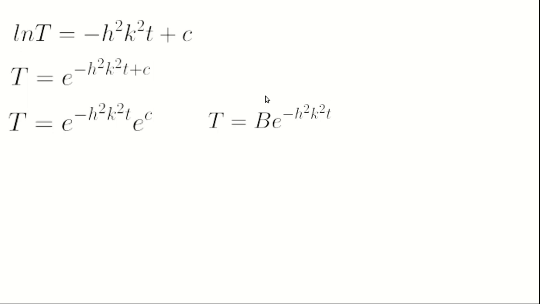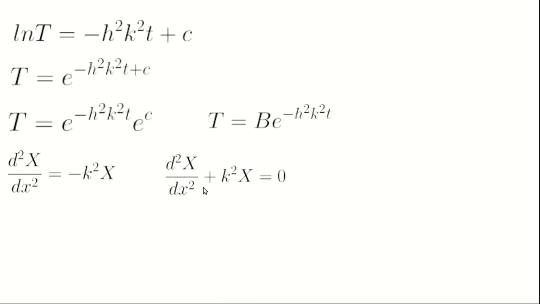So it is now necessary for us to solve the position part. So we'll come back to our original equation. At this stage, we can send this part here to this side, so that it becomes d squared X over dx squared plus k squared X equal to 0.